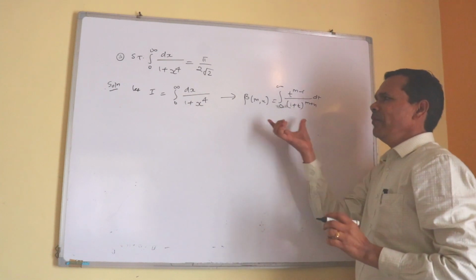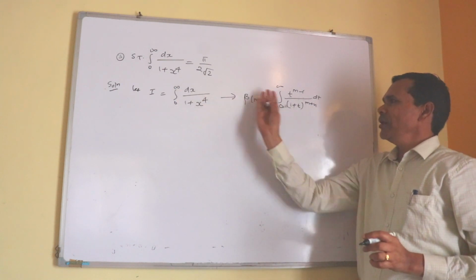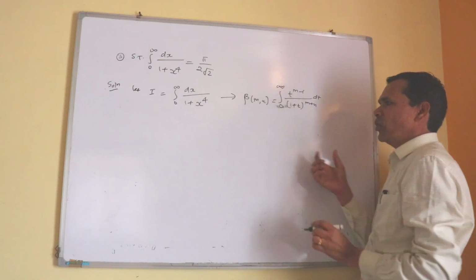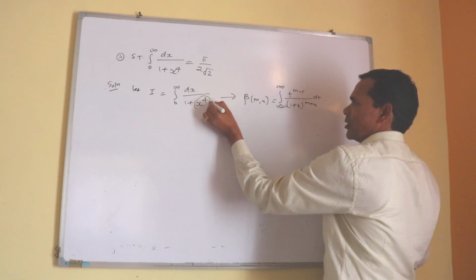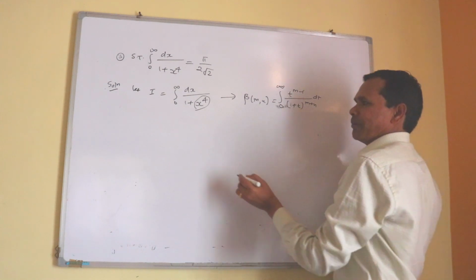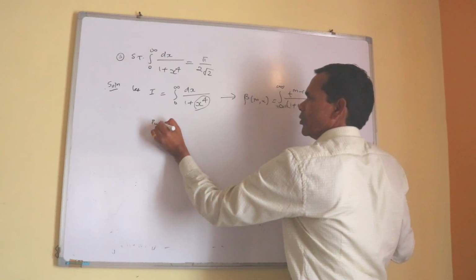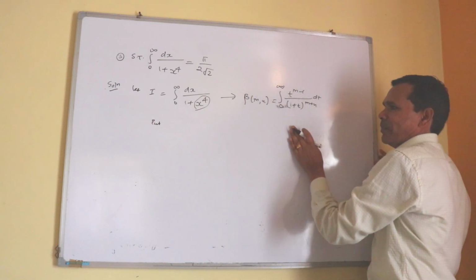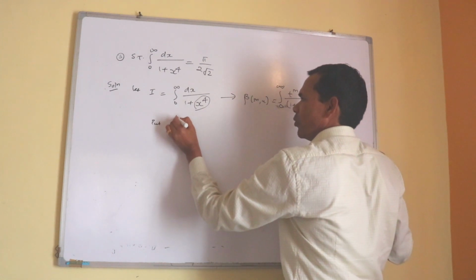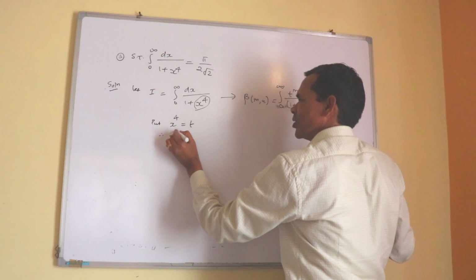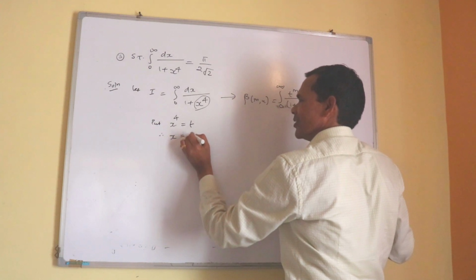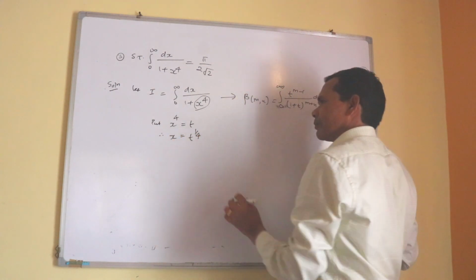So in this form, because limits as usual 0 to infinity and so on. So I put the substitution, it's very clear from here, x raised to 4 is equal to t. So put, because 1 plus t raised to m plus n, so put x raised to 4 is equal to t. So x is naturally raising its power by 1 by 4. So x is t raised to 1 by 4.